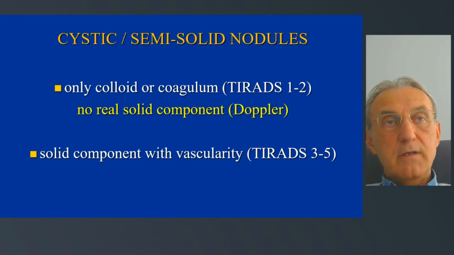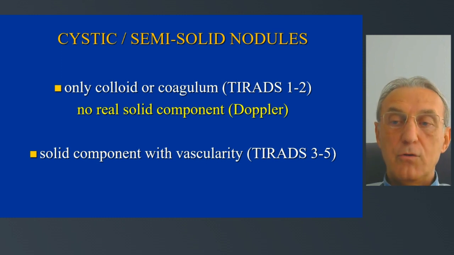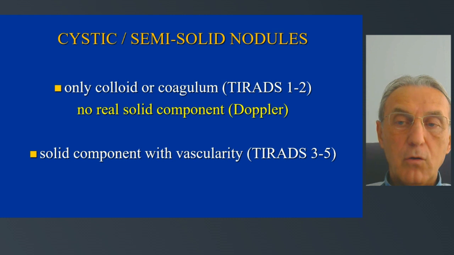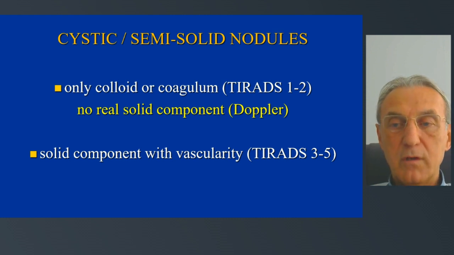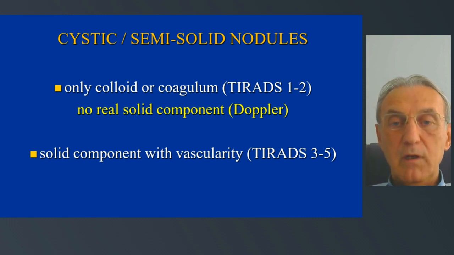Another group is the cystic or semi-solid, semi-cystic nodules. So, if we see only colloid or coagulum, then we say this is thyroid 1 mostly. Sometimes, rarely we use thyroid 2. If there is no real solid component, Doppler is very helpful in this aspect, then we can be confident.